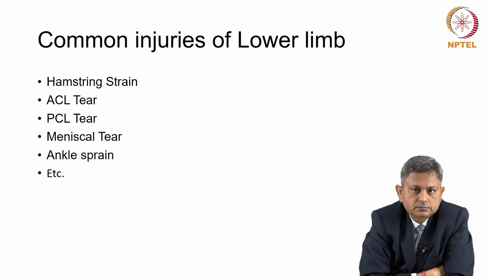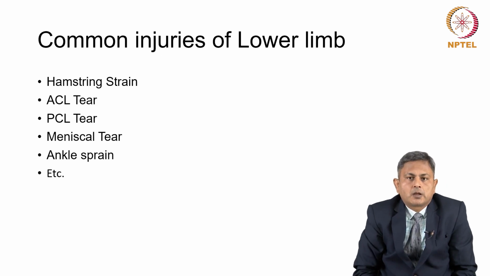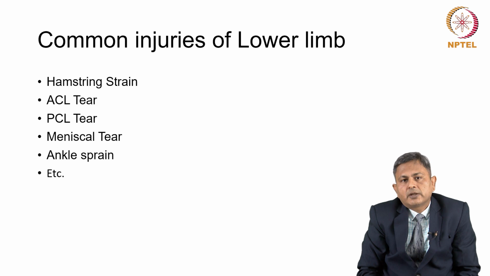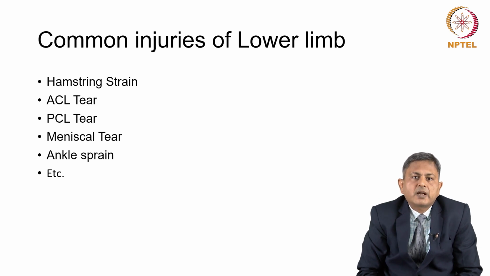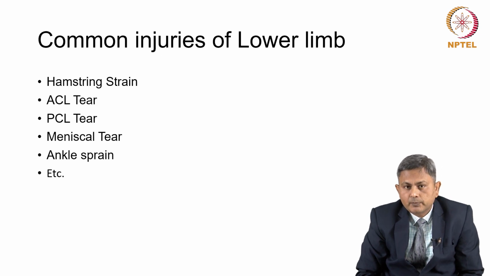The anterior cruciate ligament is injured when an athlete twists his leg or his knee, or he is playing and suddenly turns and the opponent blocks his leg, then ACL injuries occur.